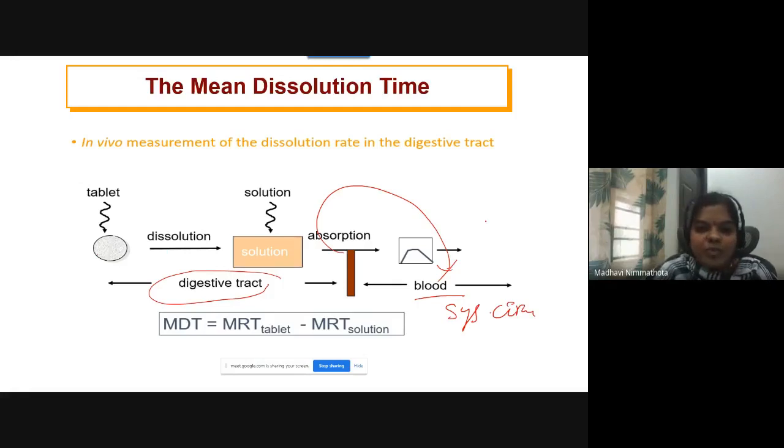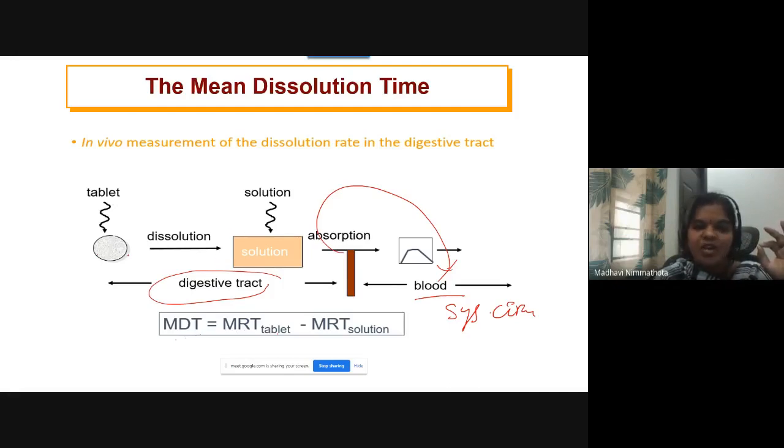In this phenomenon, you need to calculate the mean dissolution time of a dosage form. That is, the mean dissolution time of a dosage form is the mean residence time of a tablet minus the mean residence time of a solution. When you take a solid dosage form into consideration, you may observe two different phenomena.